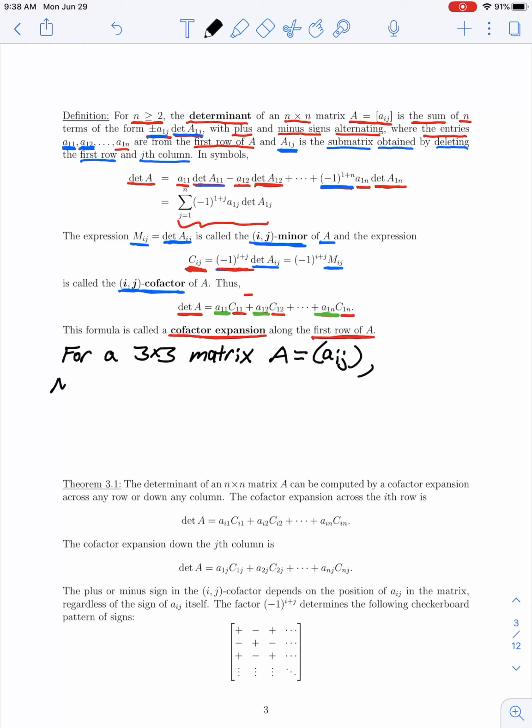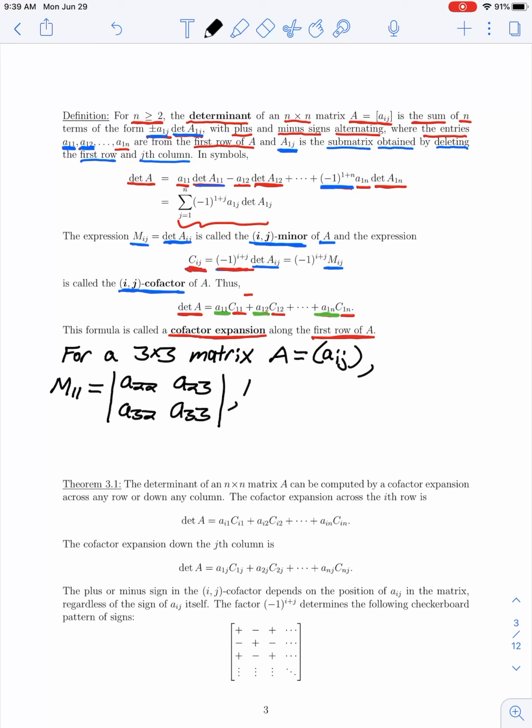The 1,1 minor would be the determinant of the 2x2 submatrix we get by deleting the first row, first column. So we would have A22, A23, A32, A33.